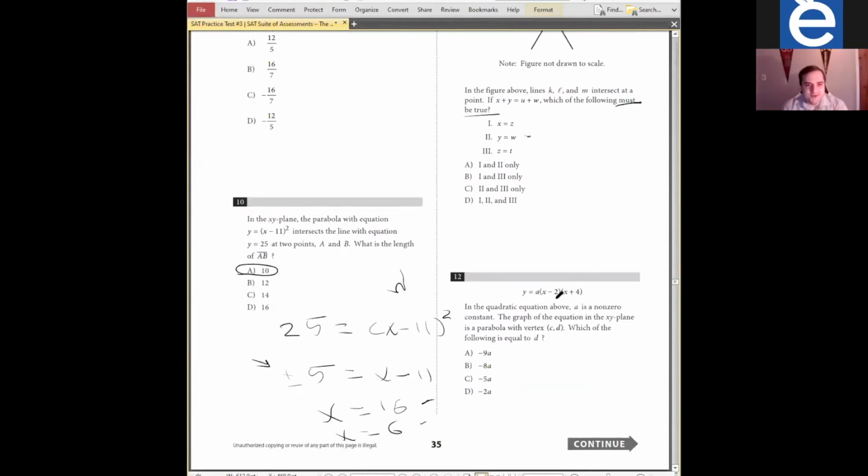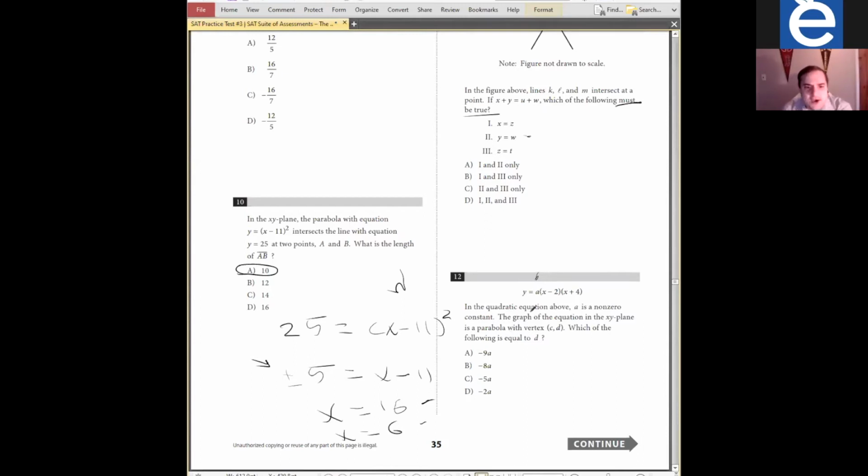In the quadratic equation above, a is a non-zero constant. So this is going to be our vertical stretch or shrink, plus or minus is up, down. The graph of the equation in the xy-plane is a parabola with vertex (c, d). Which of the following is equal to d?